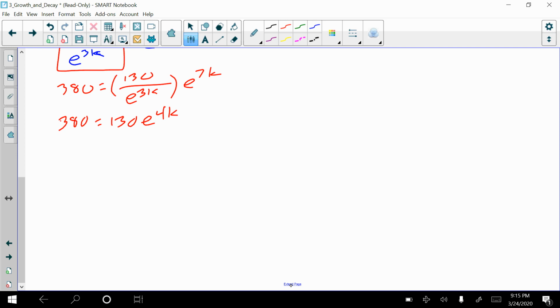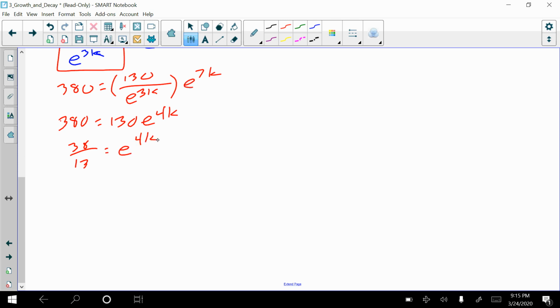And now that I've done that, we can find the constant of proportionality. We can actually find k now. So let's finish working this through to find k. So 380 divided by 130 will simplify as a fraction to be 38 over 13, equal to e to the 4k power.